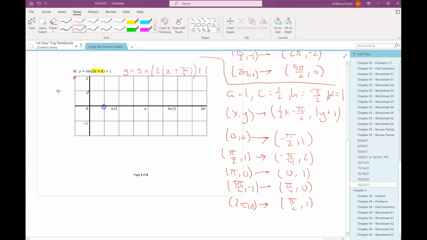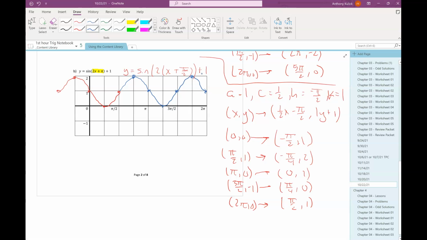Pi over 4 and 0. And then pi over 2 and 1. And then I would just continue extending this. So I'd be going up to the max, midline, minimum, midline, maximum, midline. And that's the rest of my graph.